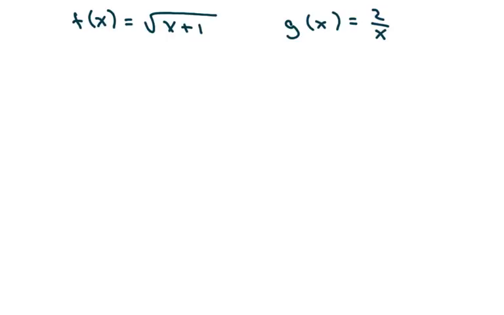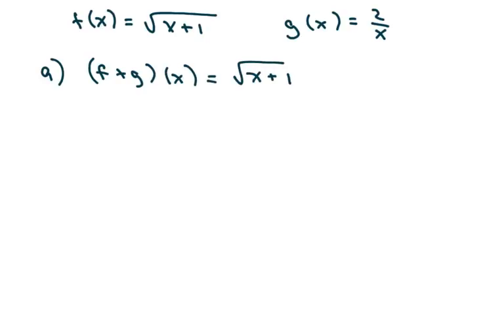Next one, we have f of x equals the square root of x plus 1, and g of x equals 2 over x. So we're going to add these, and you're going to get the square root of x plus 1 plus 2 over x. So when you look at this, we're going to look at this inside here. We know this has to be greater than or equal to 0.